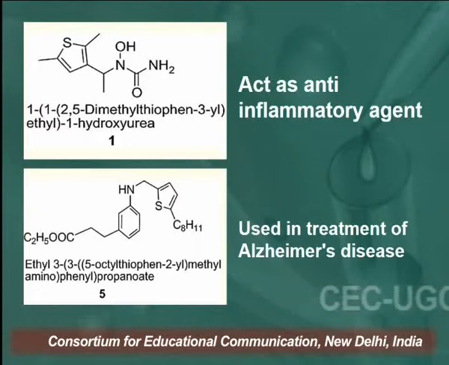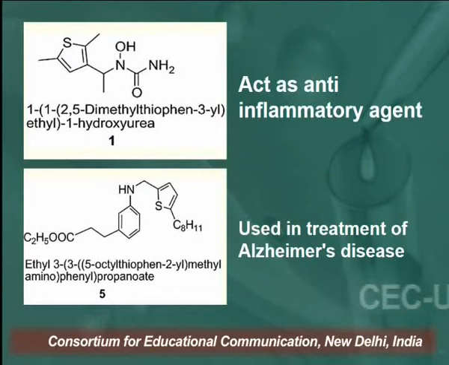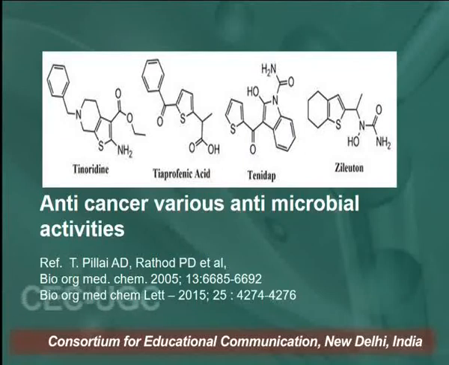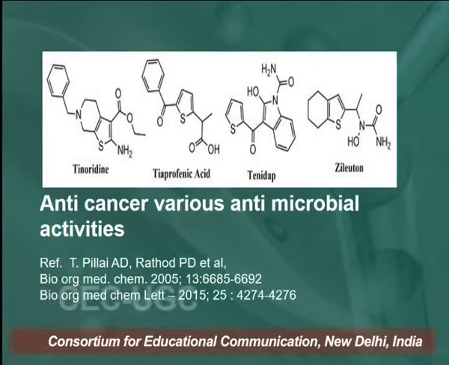On your screen you can see thiophene derivatives acting as anti-inflammatory agents. Another derivative is used in the treatment of disease, and these are also polysubstituted thiophene derivatives which can act as anti-cancer and antimicrobial agents.